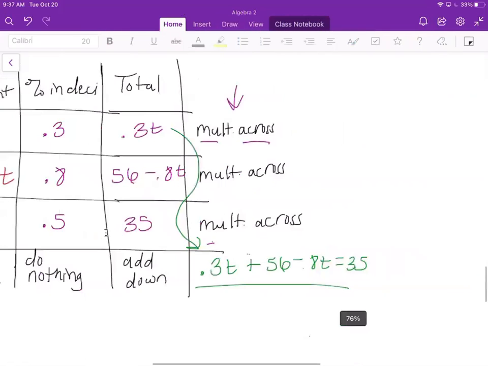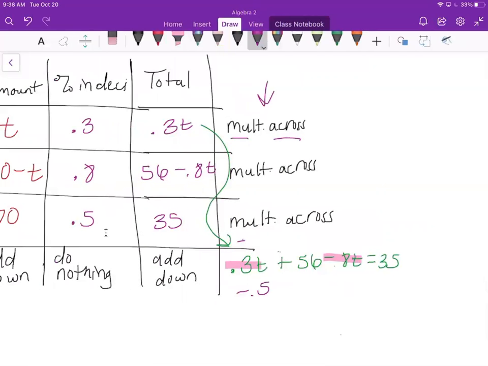All right, now you can see we have one variable to solve for. So we go ahead and we combine our like terms. We combine the 0.3 and the negative 0.8, which gives us a negative 0.5. We're going to subtract the 56 from both sides.